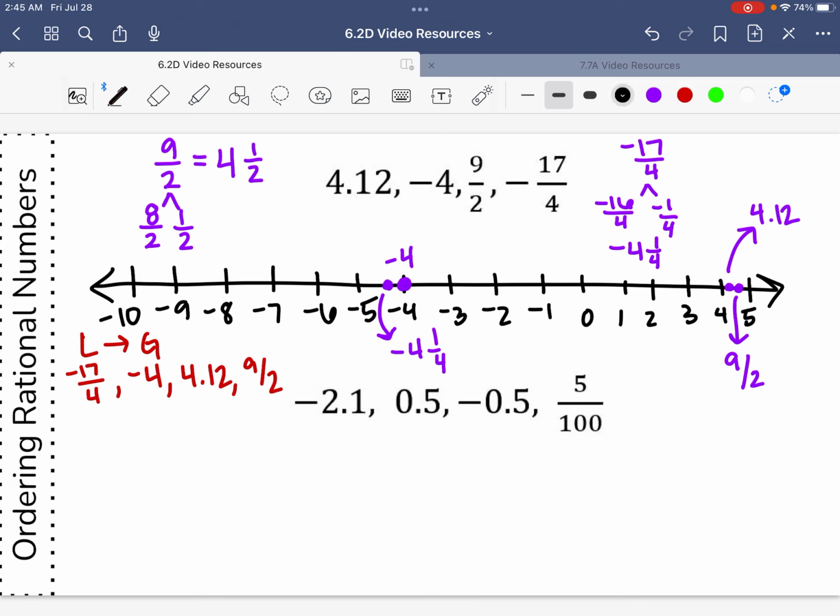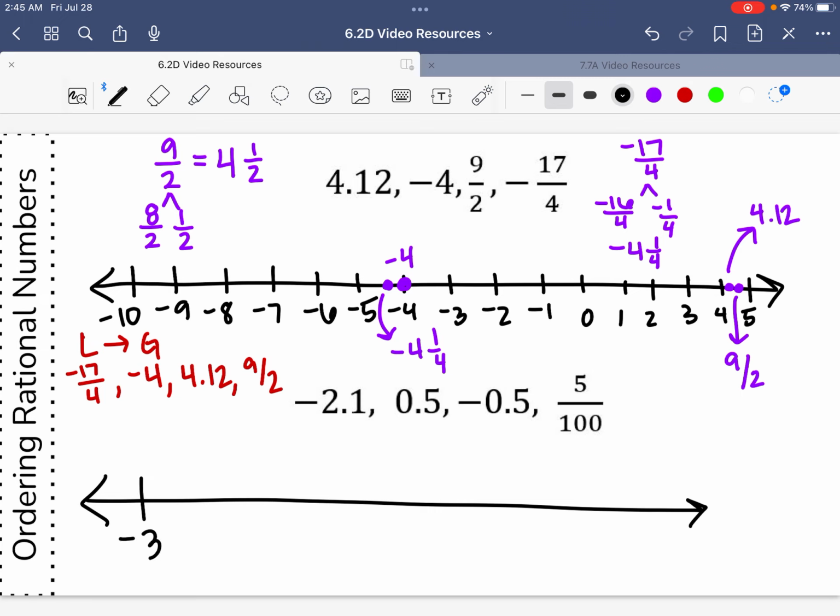Now I can take the same thinking and apply it to this next problem, where I have -2 and 1/10, 5 tenths, -5 tenths, and 5 hundredths. So again, I'm going to draw my number line. But this time I can tell that I'm not going to need to start at -10.